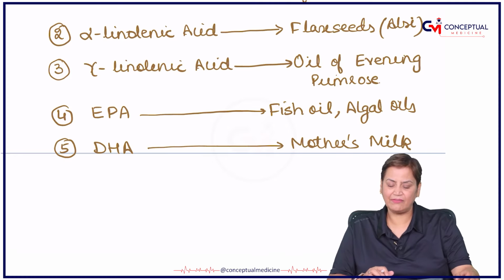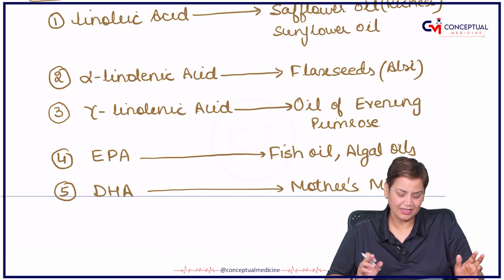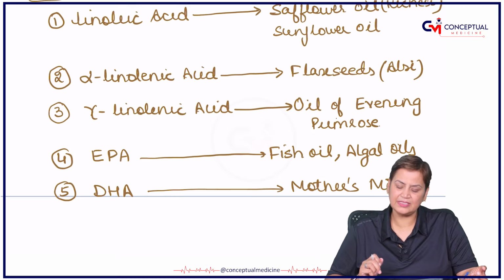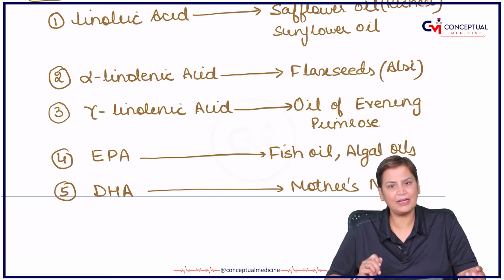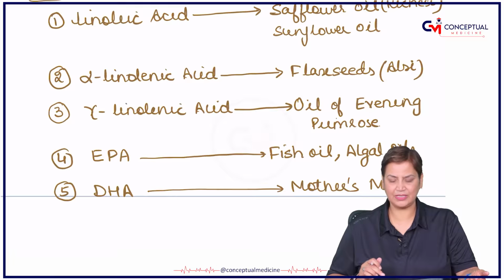So safflower oil is considered to be the richest source of linoleic acid. Alpha-linolenic acid is present in bulk in flax seeds. Gamma is present in the oil of evening primrose. EPA, which is eicosapentaenoic acid, is present in bulk in cod liver oil and algal oils, and DHA is present in mother's milk.